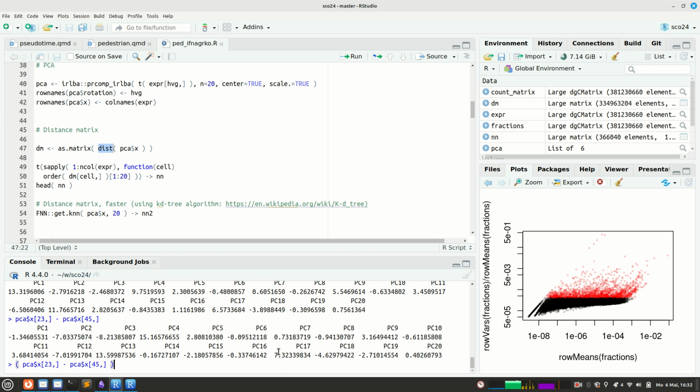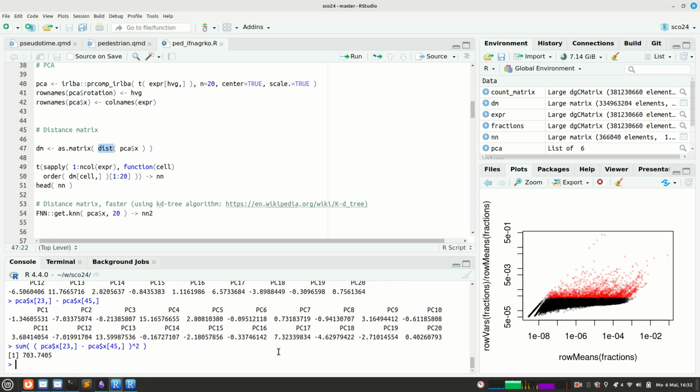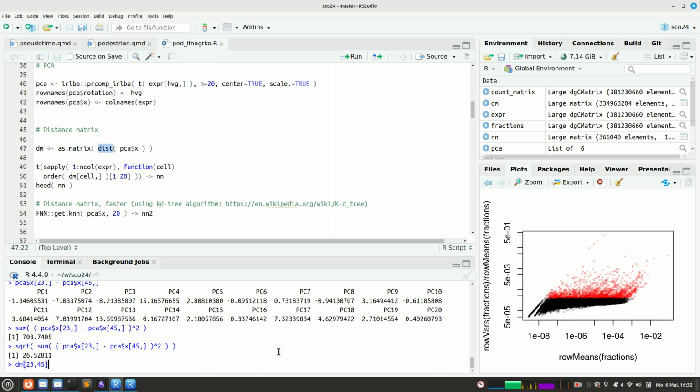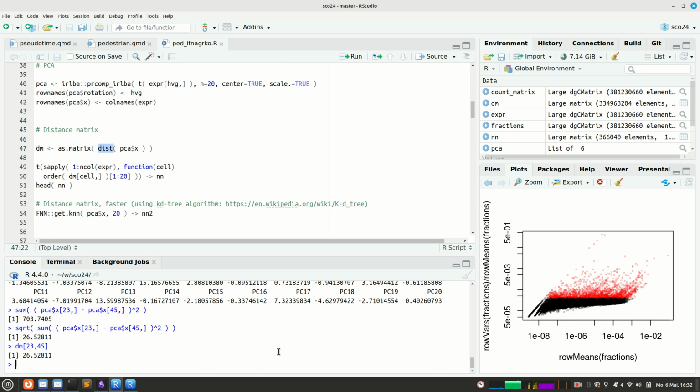I square the differences, sum them up, take the square root to calculate my Euclidean distance, and compare again with what was in my distance matrix, and it's the same. Which is a useful thing to always check whenever you use a function like this dist. Never trust R to actually really do what you think it does, not because R might make a mistake, but you might misunderstand the way the function expects its input or what's in the rows and what's in the columns. But this time it works because I've triple checked it before already.